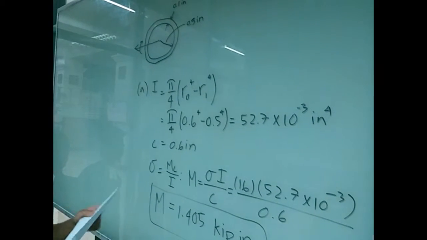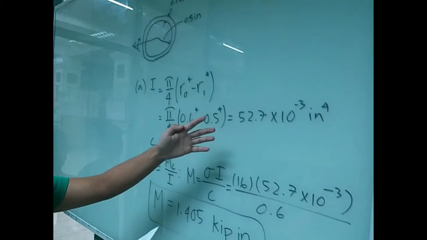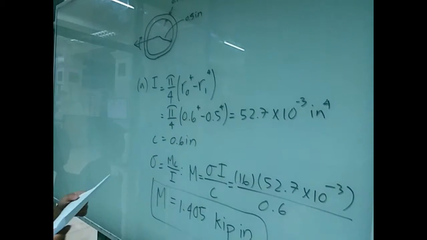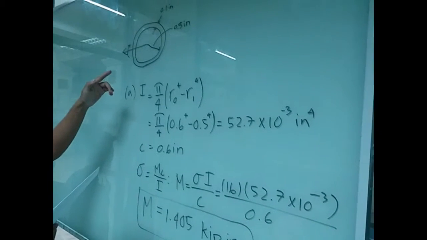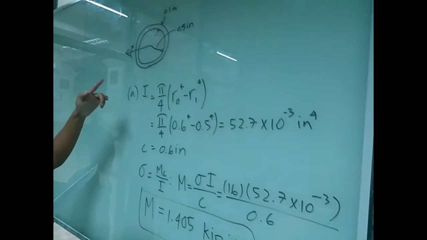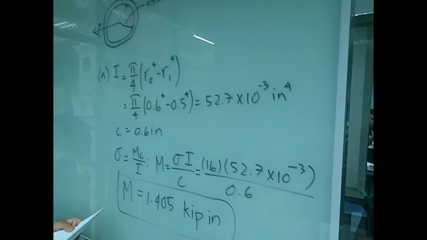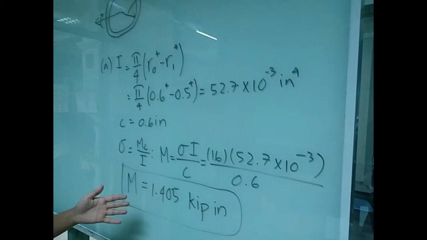And then we obtain 52.7 times 10 raised to negative 3 inches raised to 4. And C is the distance from the center of the surface to the surface, and computing for the bending moment, we substitute the values and obtain 1.405 kilopound inches.